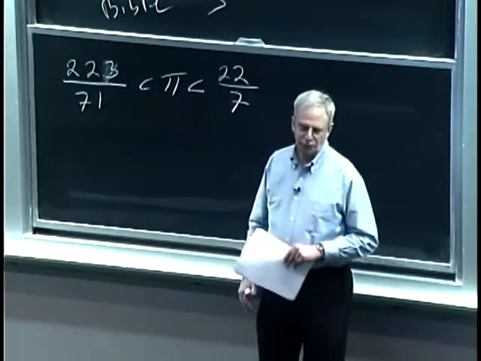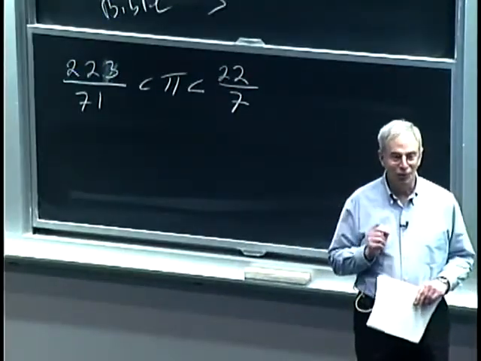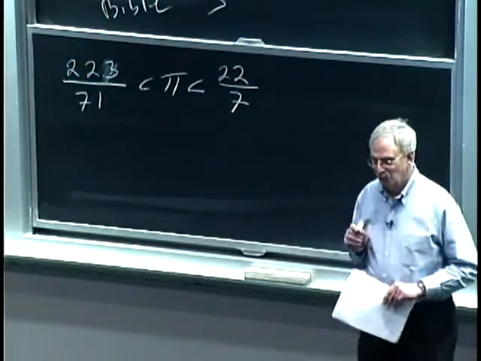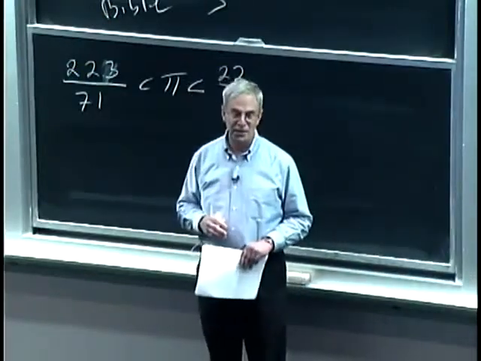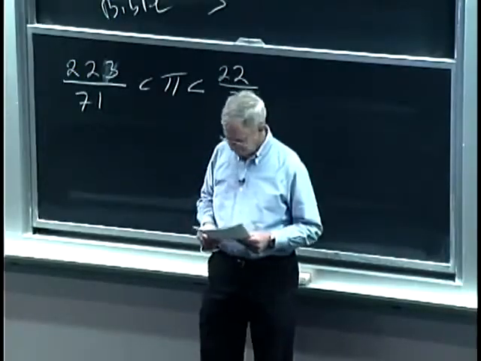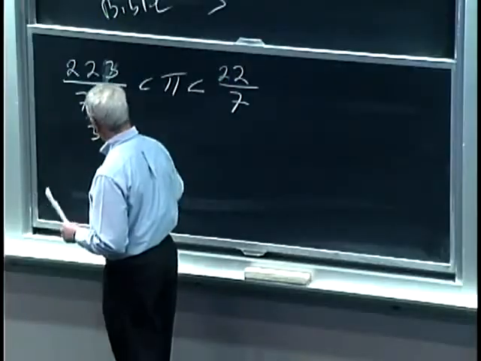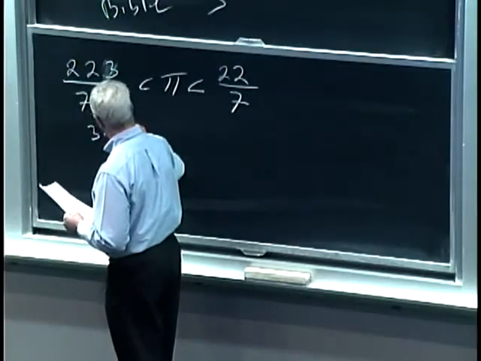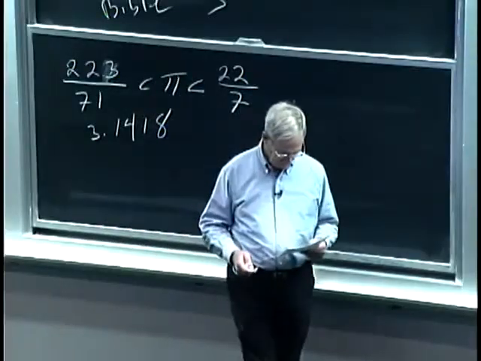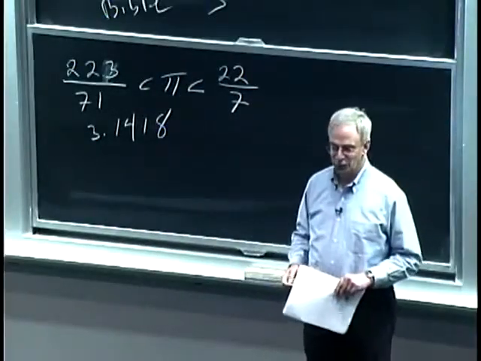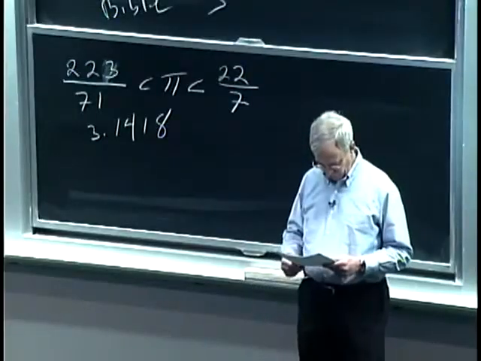This was amazingly profound. He knew he didn't know what the answer was, but he had a way to give an upper and a lower bound and say it was somewhere between these two values. And in fact, if you calculate it, the average of those two values is 3.1418. Not bad for the time. This was not by measurement. He actually had a very interesting way of calculating it.